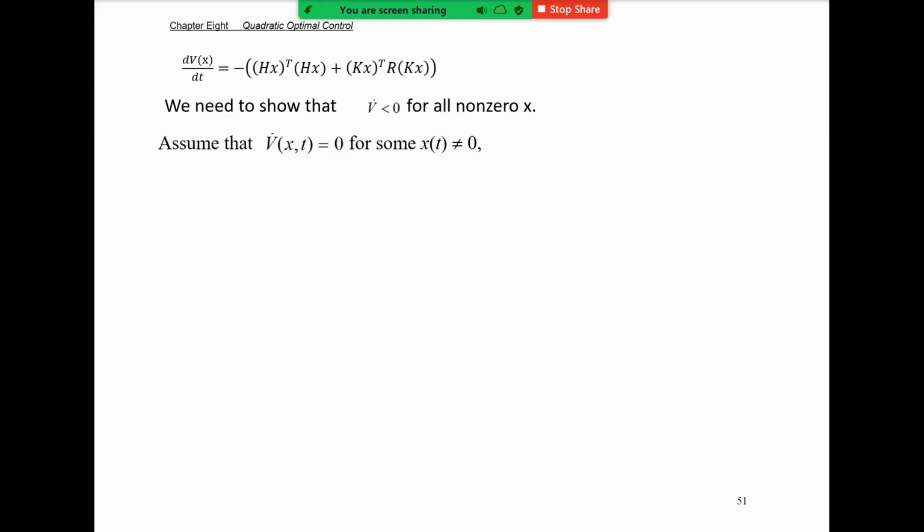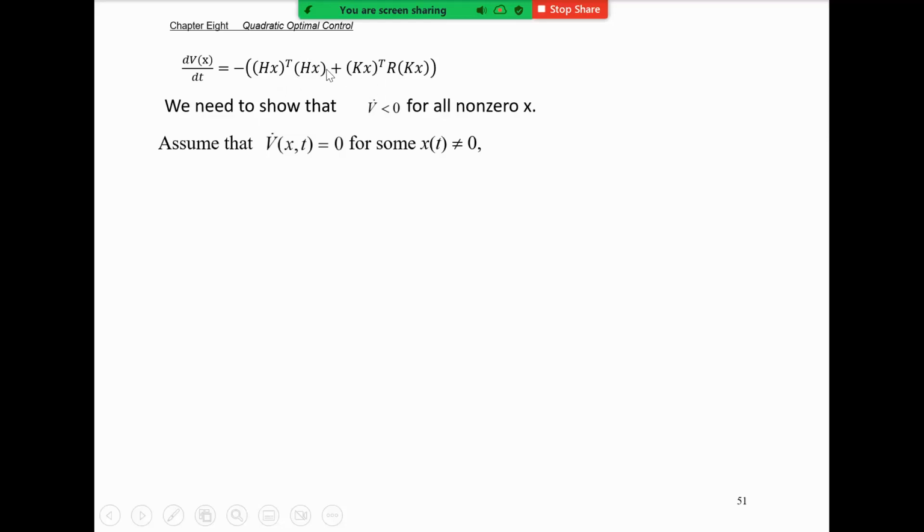If the change rate is 0 for some non-zero x, what would that imply? Now we look at this expression. This whole term being 0, the change rate being 0, means that if you look at those two terms, both terms have to be 0.